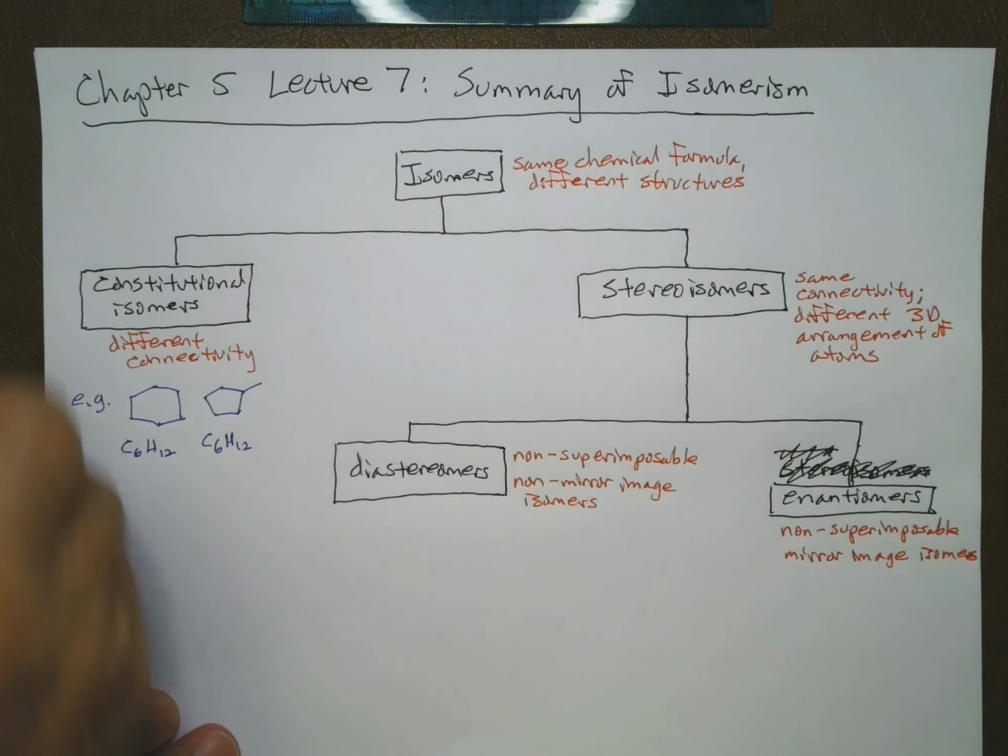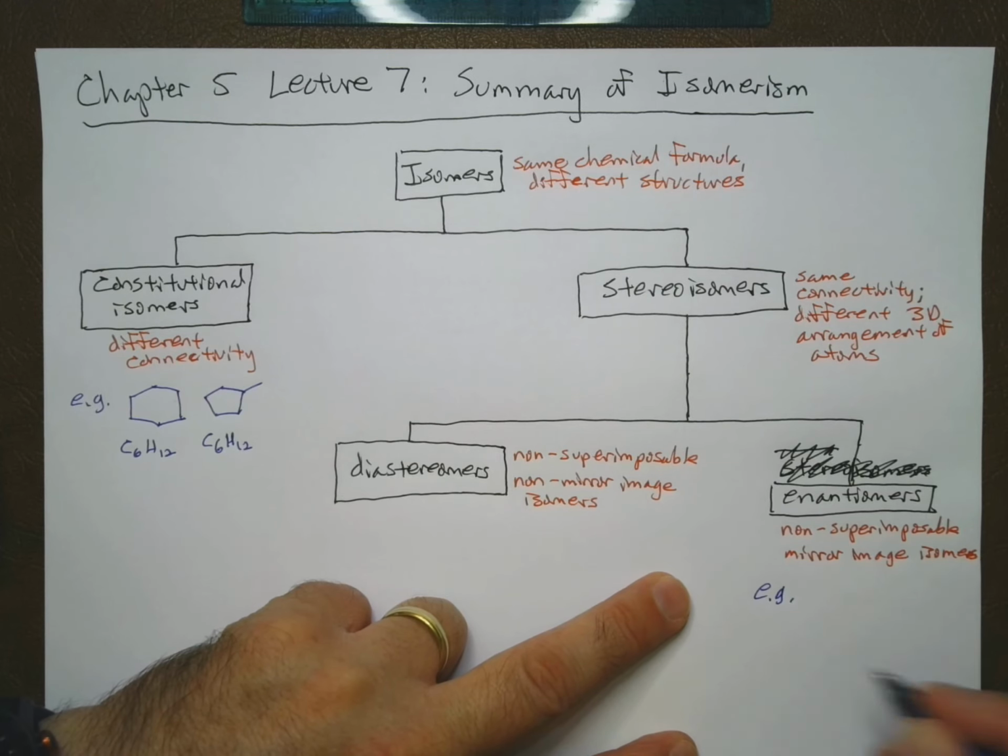So we've seen, for example, we could have, well, let's just do this. 1, 2, 3, 4, 5.